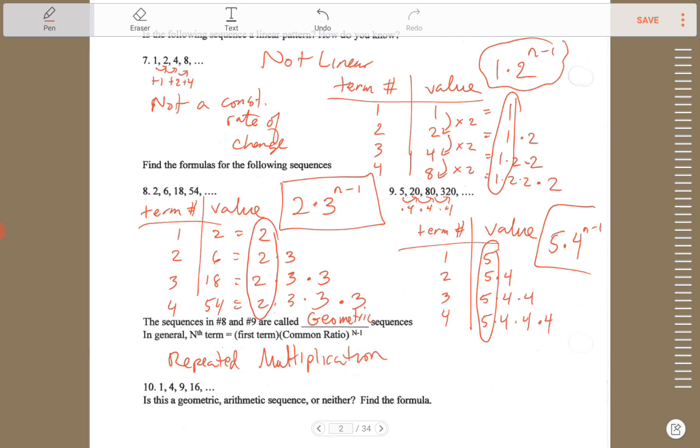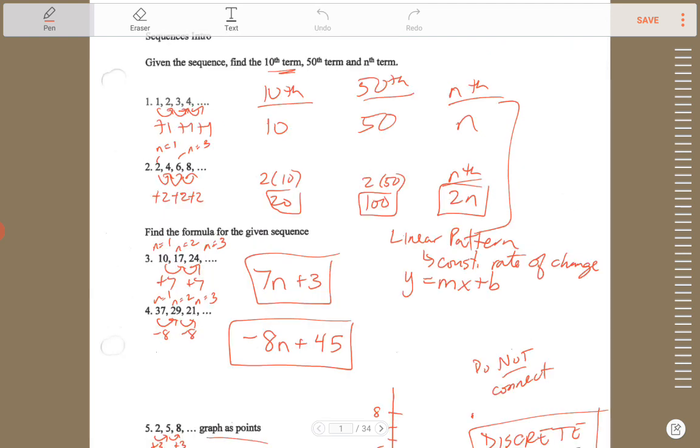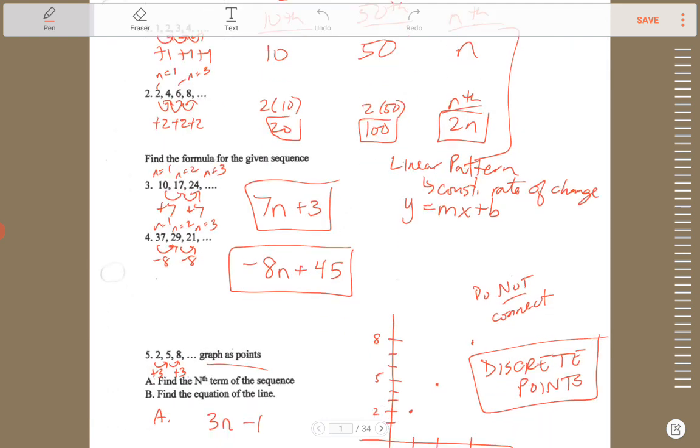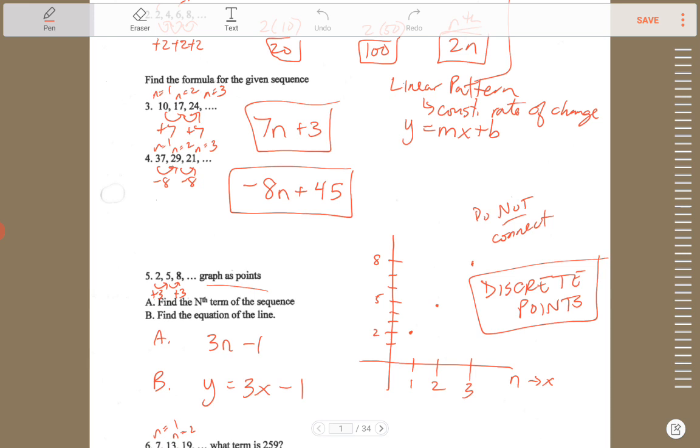Okay? Contrast that with everything we've done here, where we had linear patterns. These are called arithmetic sequences.